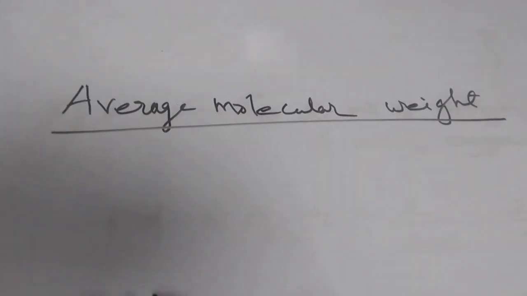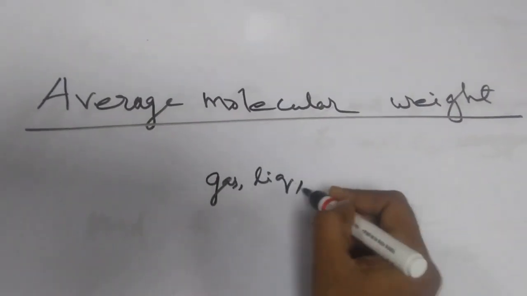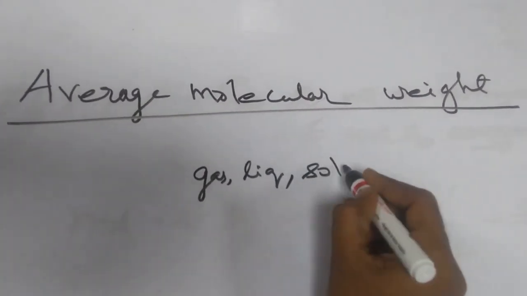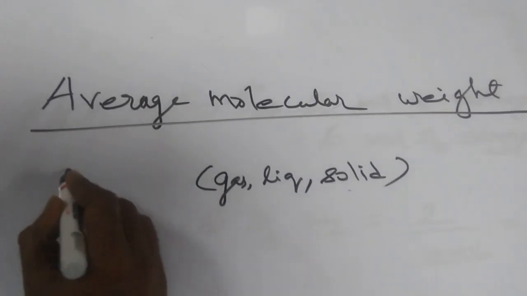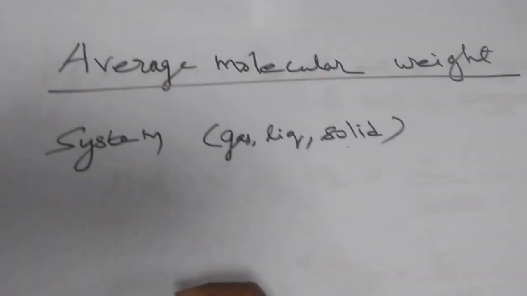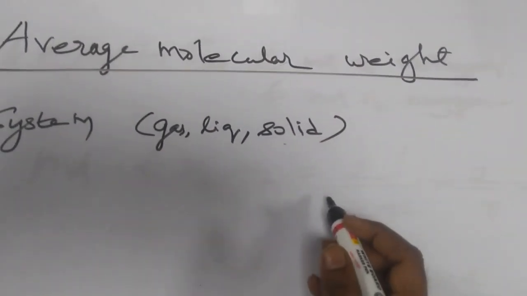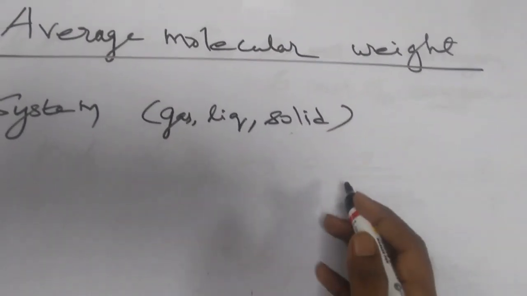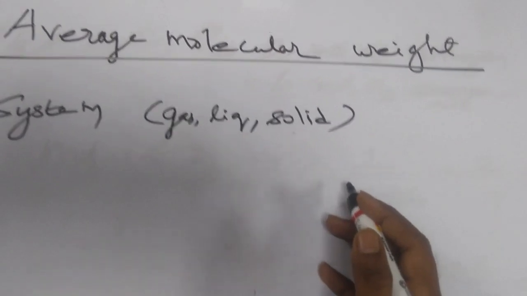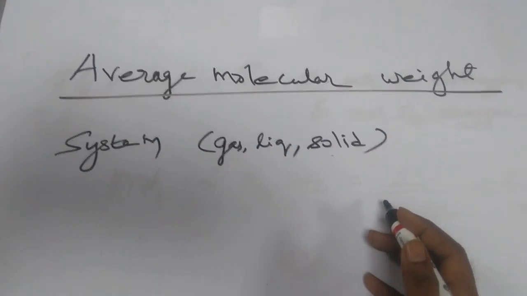When a system, it can be a gaseous system or a liquid system or solid system, contains more than one substance, then the average molecular weight has to be taken into consideration.